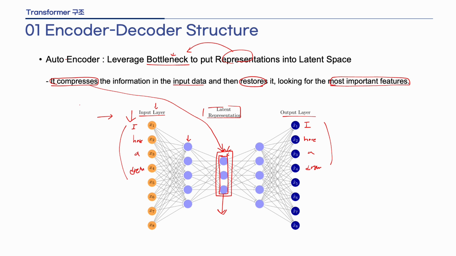Let's imagine that we do this kind of job for tons of sentences, restoring the input from the output. Then it contains a lot of information with a small number of dimensions, right? That's the key factor of the encoder-decoder structure, and especially of the autoencoder.